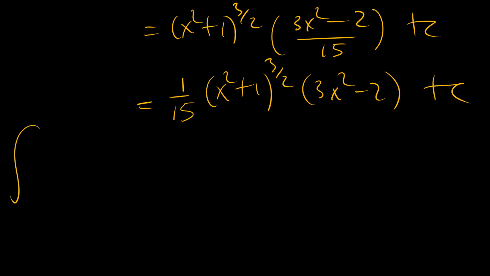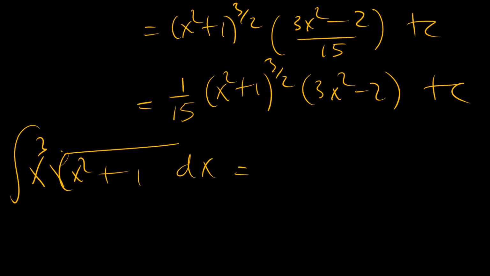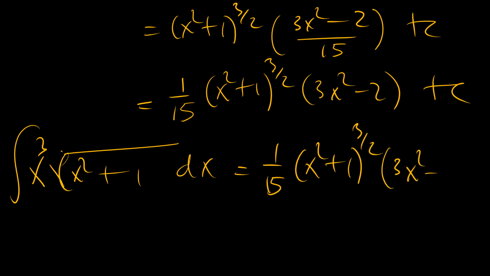So in other words, the integral of x cubed times the square root of x squared plus 1 is the same as 1 over 15 x squared plus 1 to the power 3 over 2, 3x squared minus 2 plus the integration constant.